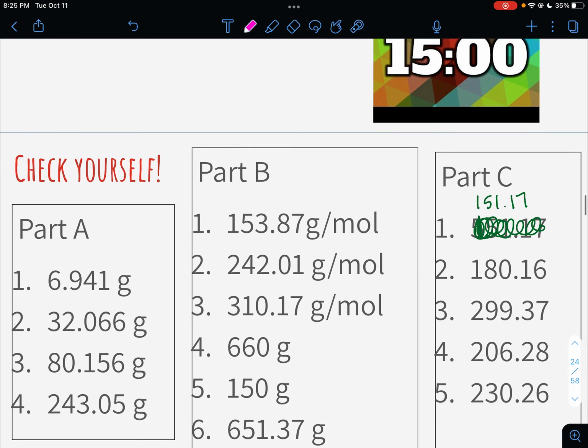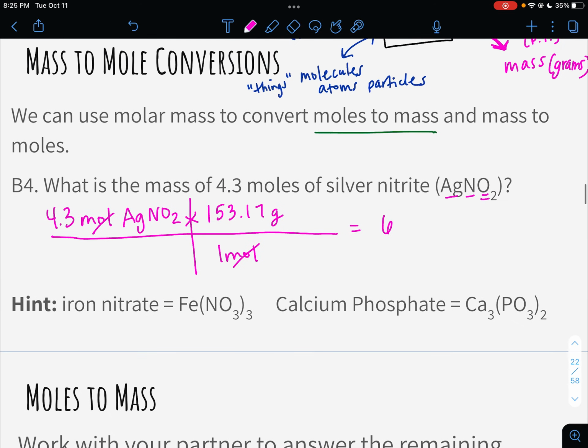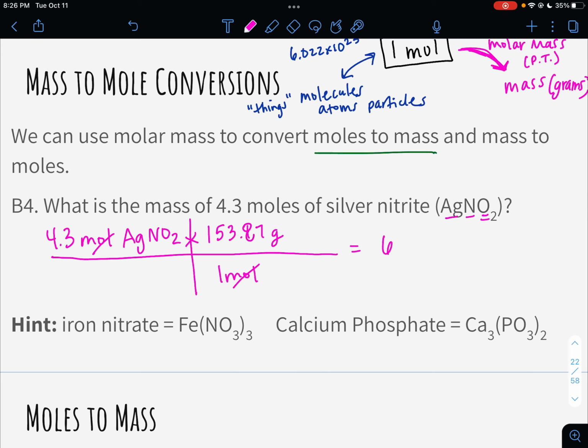Okay, no, that's probably right. Maybe this was 8.7, I think. So let's recalculate here just for practice. That looks a little bit better. 661.64. So this is how many grams, or the mass of silver nitrate, when I started with 4.3 moles.